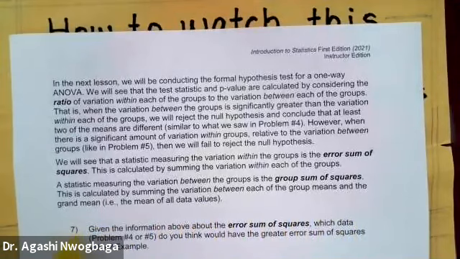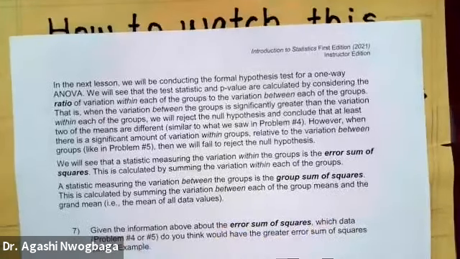So for number 7, given the information above about the error sum of squares, which data, problem number 4 or problem number 5, do you think would have the greater error sum of squares value? Explain.